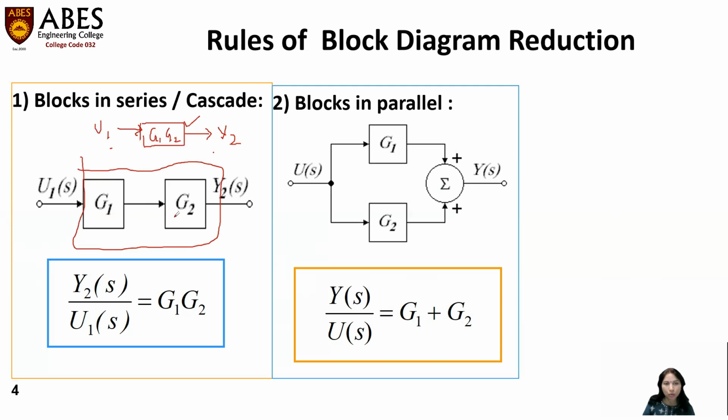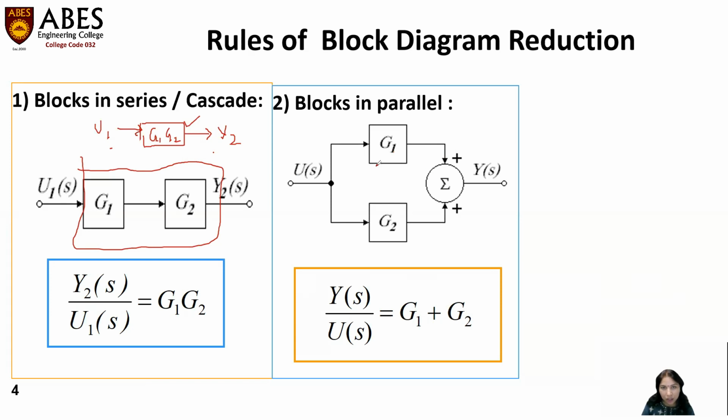Now the second rule is blocks connected in parallel. Suppose you find such a pattern in the block diagram, like two boxes connected in parallel. First we have to understand whether they are connected in parallel or not. When we consider whether these two branches are connected in parallel, we have to see the direction. It is very, very important.